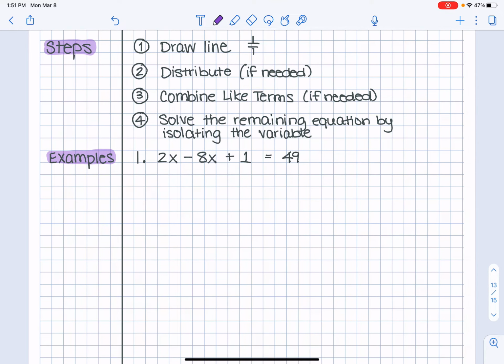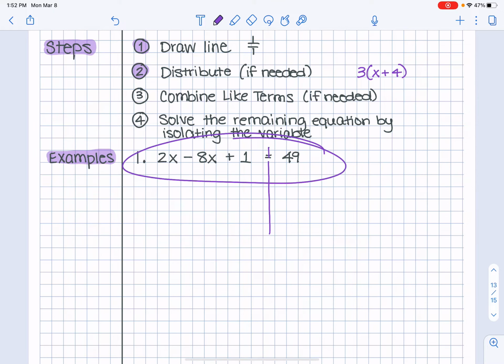Now remember, our first step is to draw a line. So I'm going to use my first step to draw my line down the equal sign. Okay? My second step is distribute if I need to. Now I only need to distribute if I see parentheses. I don't see any parentheses anywhere in this equation, so I do not need to distribute right now.